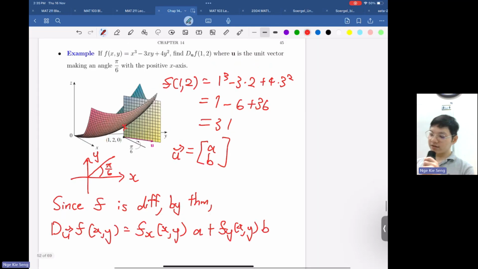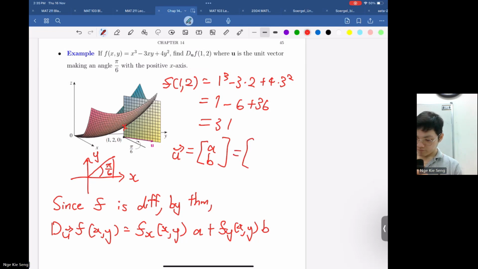In this case, what is our unit vector? They just tell you the angle, so how do you get the unit vector? Cosine and sine. So a is cos of pi over 6 and b is sin of pi over 6. We need a unit vector, right? Is this a unit vector?